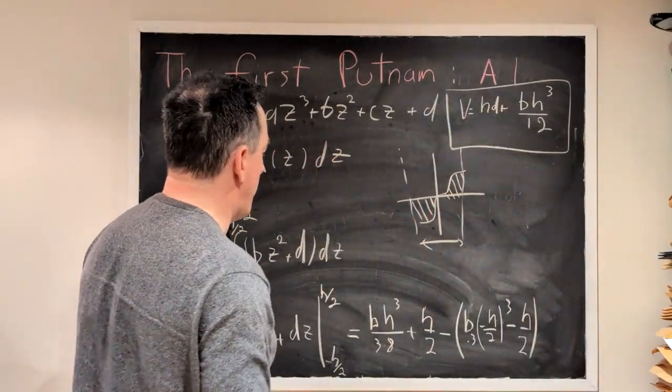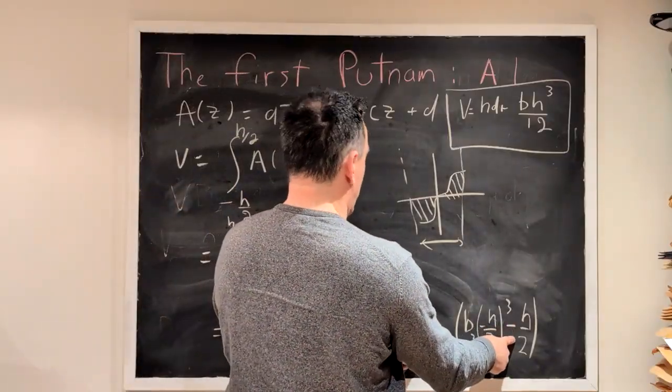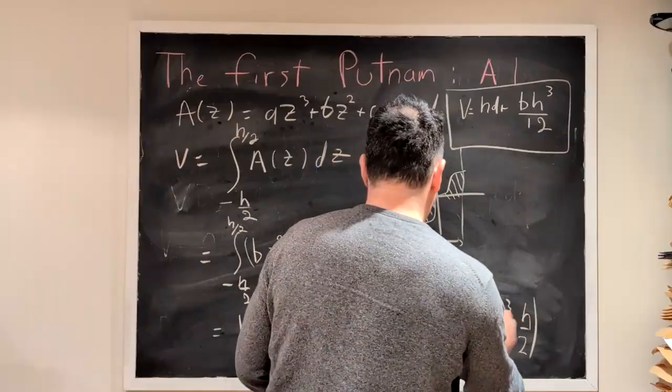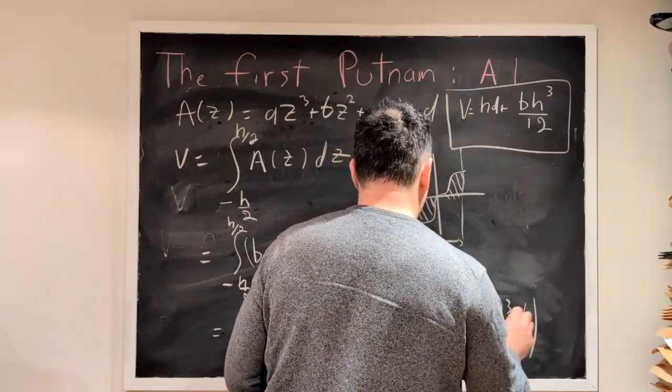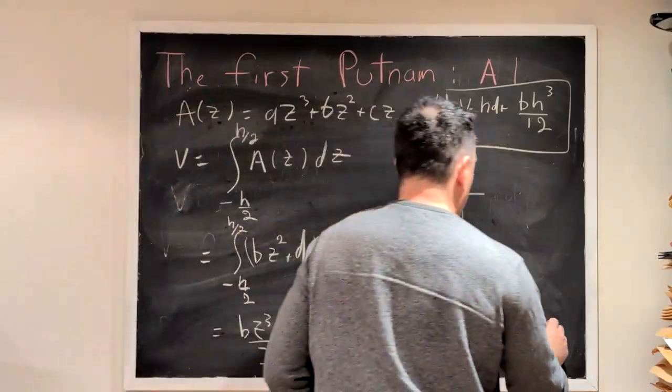And when all is said and done, we have these terms, h over 2 minus minus h over 2, which would give us d times h.